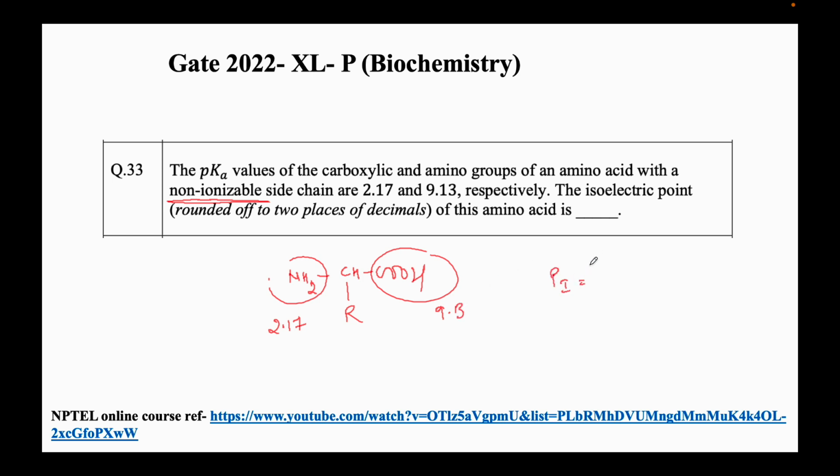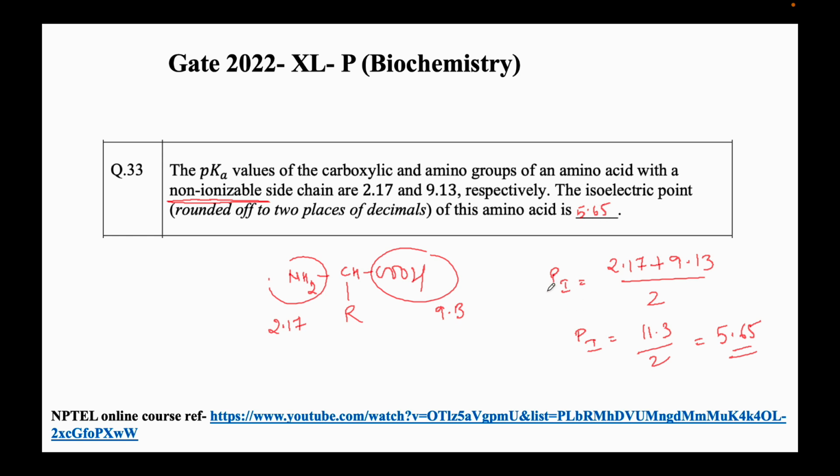So the pI will be very simple, 2.17 plus 9.13 upon 2, the average pK, right, will tell us the isoelectric point. So what we have here, 11.3 upon 2, which is equal to 5.65. Okay, 5.65.